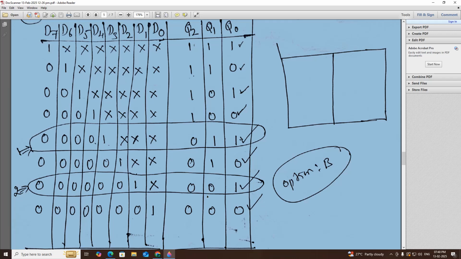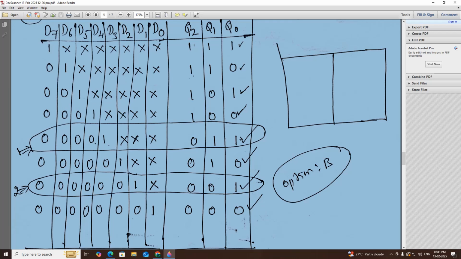We are writing the binary number in reverse order. How are we writing here? This number is 7, write 7. This number is 6, write 6. If this number is 5, write 5. For example, D1 is 1 here, so write 0, 0, 1.